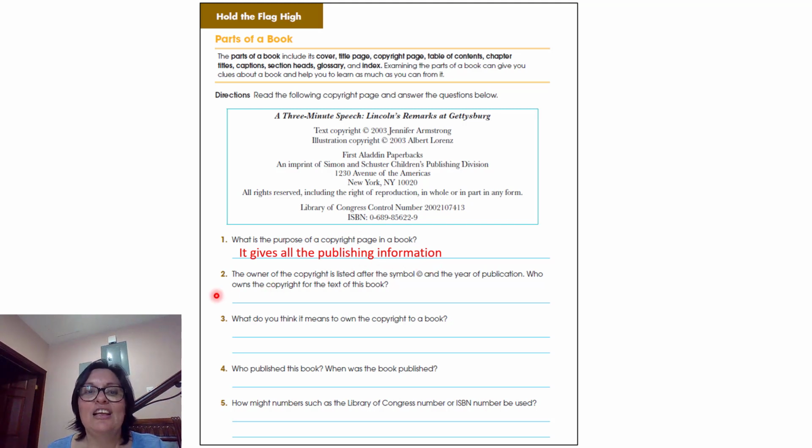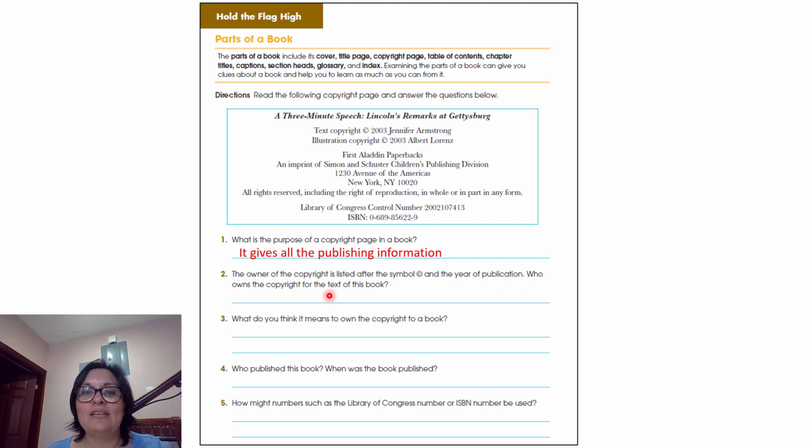Okay? So let's go to number 2. The owner of the copyright is listed after the symbol C. Do you remember that I told you that after the symbol of the copyright we have the owner of the copyright of the book and the year of publication?